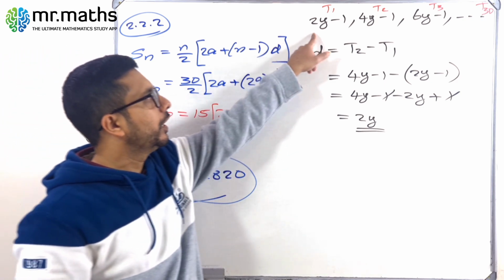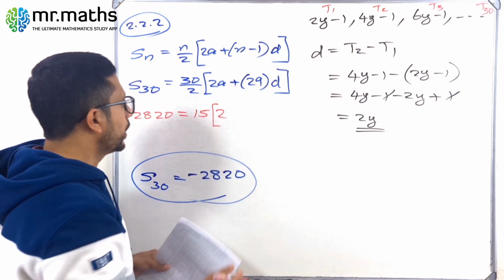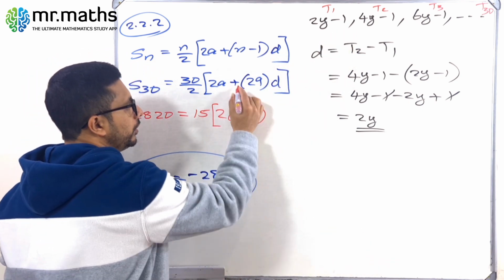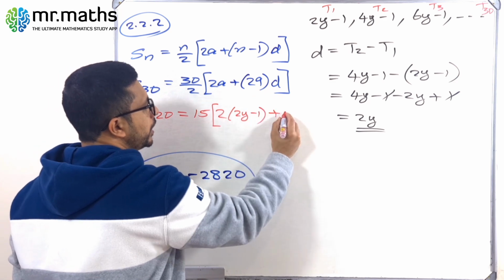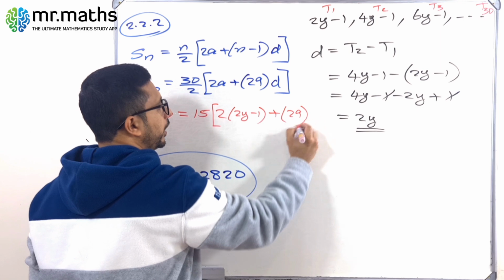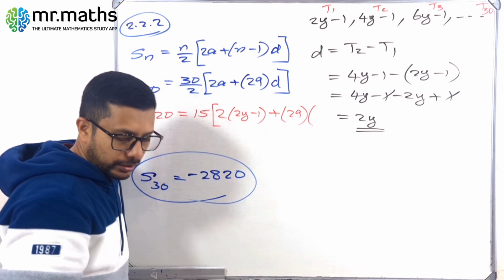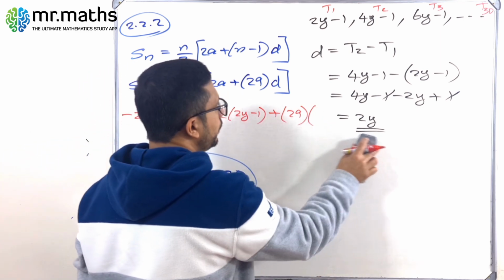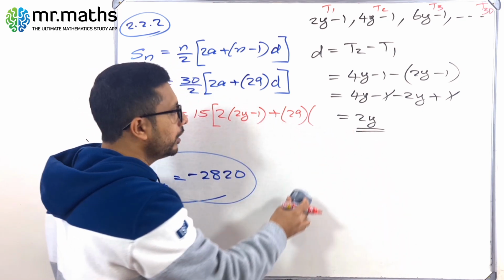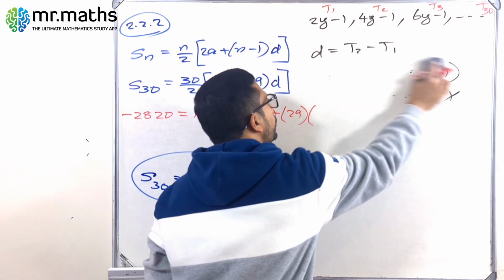What is the first term here? 2y minus 1. So we can substitute that one, 2y minus 1, plus 29 into, let me put it in a bracket, 29 into d. D we got as 2y, am I right? So there I have to write 2y.